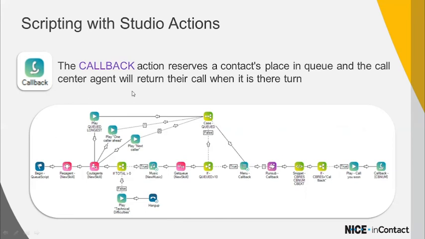Callback is basically used when the caller was not entertained by our agent, and our contact center places a callback to the customer, because nowadays every contact center platform is giving this option.